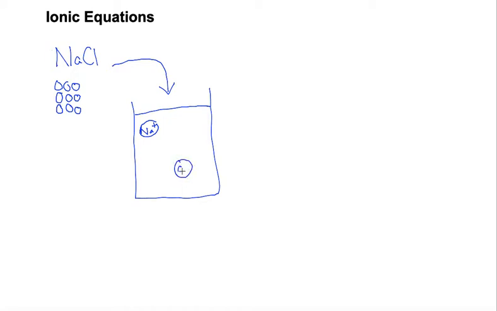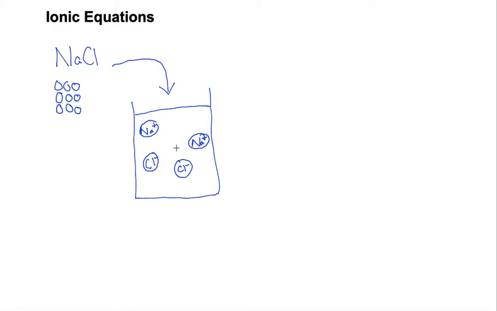Every single ion is now separated from one another, and they can move around. That's the idea of dissociation, and that is what actually happens when an ionic substance dissolves.